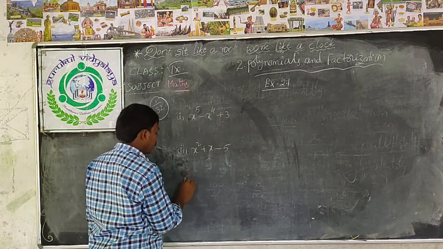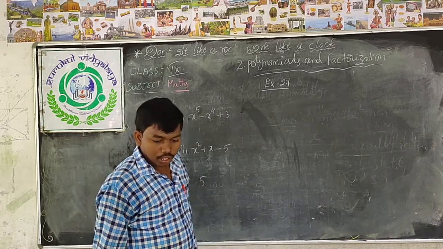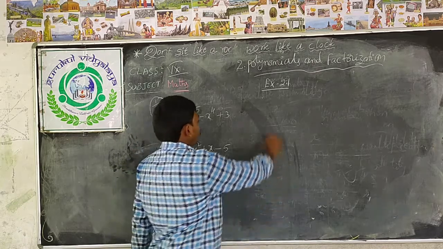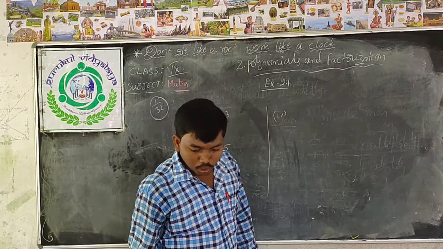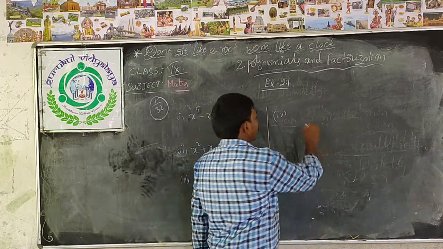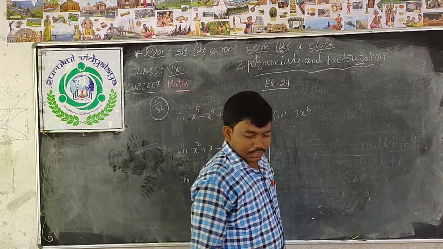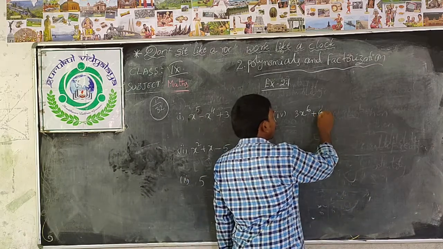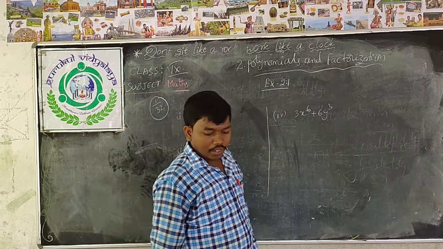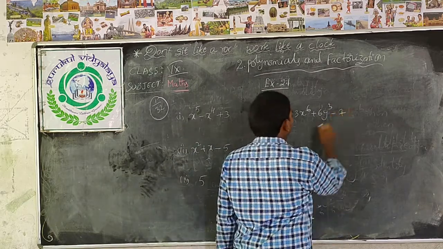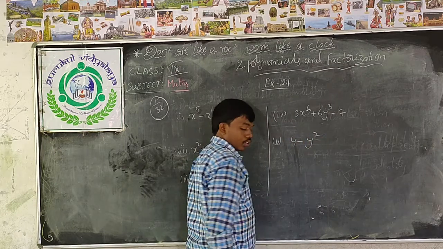The third one, 5. Fourth one, 3x power 6 plus 6y cube minus 7. Fifth one, 4 minus y square.